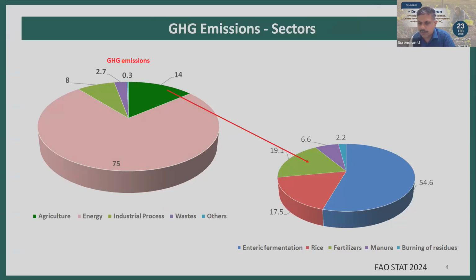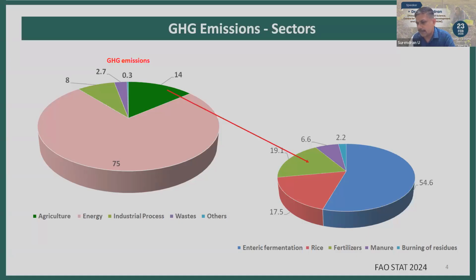This is the data with respect to India as per the commitment we have given, based on the biennial report as well as all submissions to UNFCCC. So that data only I'm presenting here. Agriculture contributes around 14% of total GHG emissions.